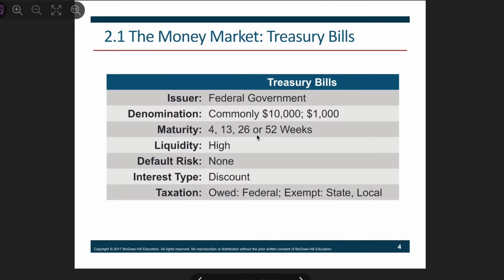We're going to talk one by one about how they are constructed, starting from the treasury bills. So what is a T-bill? Let's look at the definition.